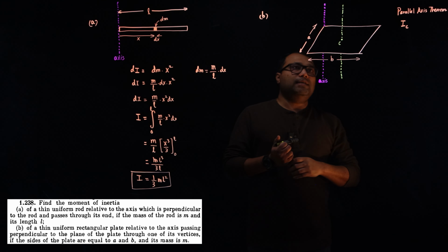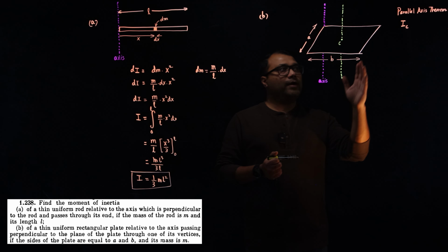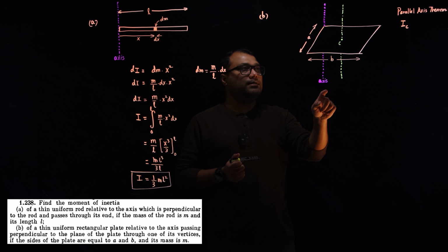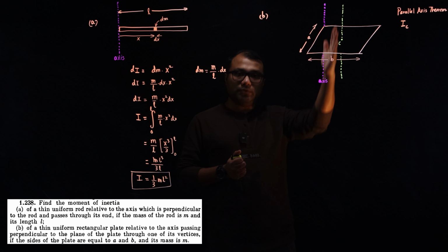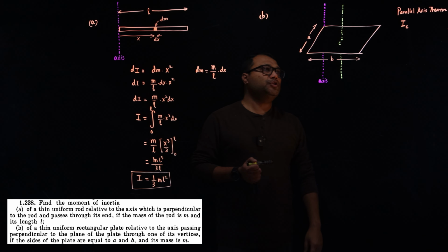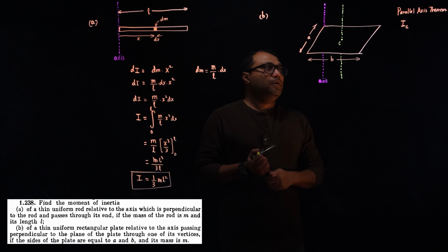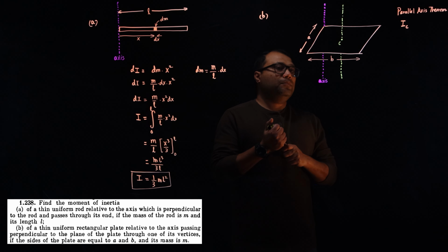If we know I_C, then we can find the moment of inertia about another axis which is parallel to that axis about which we know the moment of inertia. We can find that how?